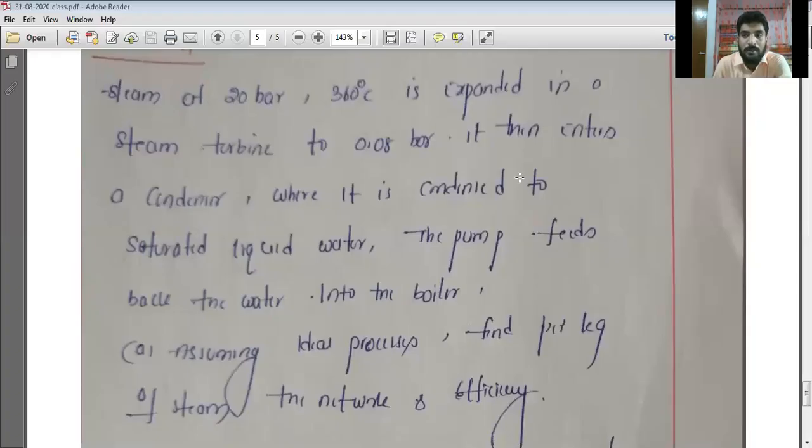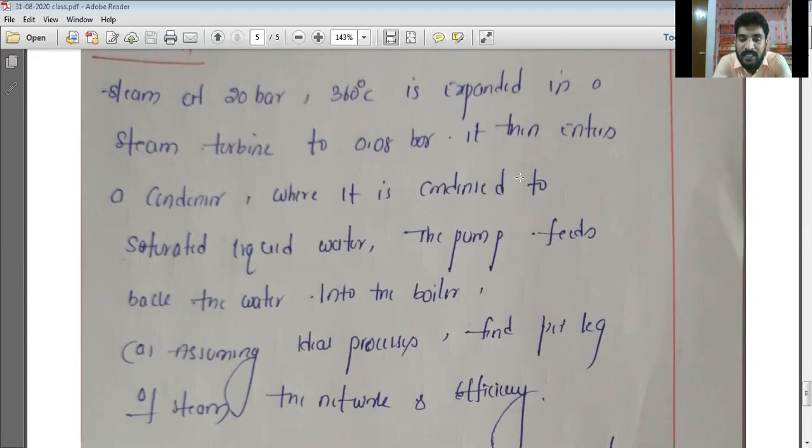Today's agenda is that we will do one working example and we will discuss the mean temperature of heat addition. Now I want to share my screen. This is the problem: steam at 20 bar pressure and 360 degrees is expanded in a steam turbine to 0.08 bar.